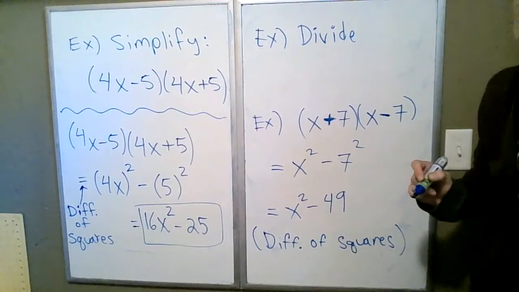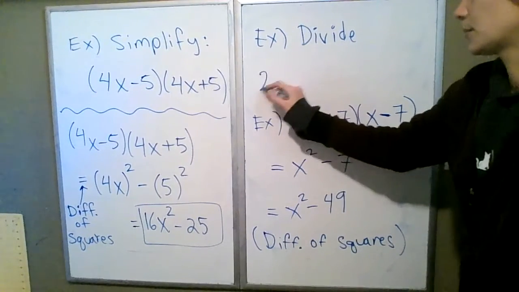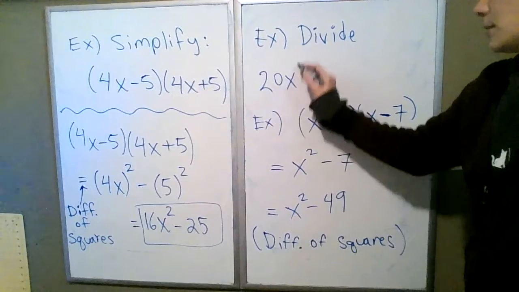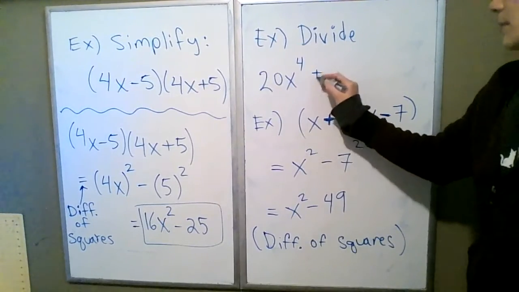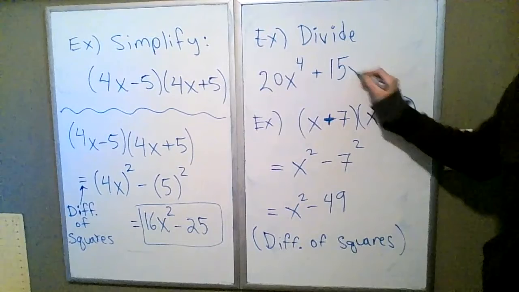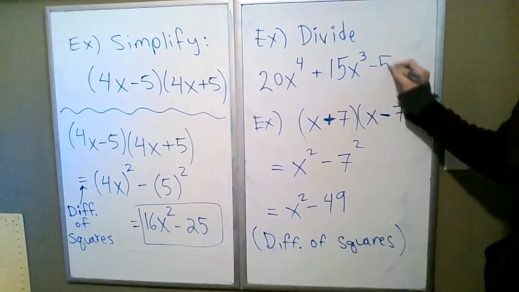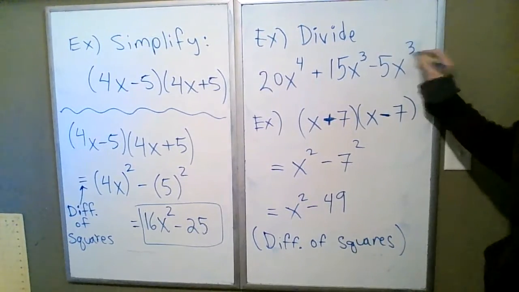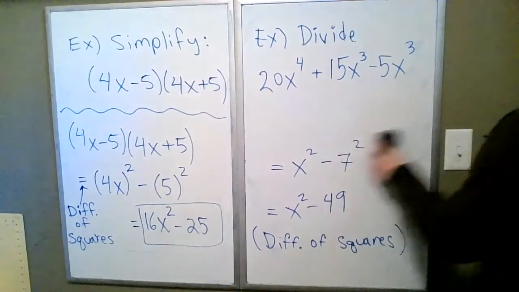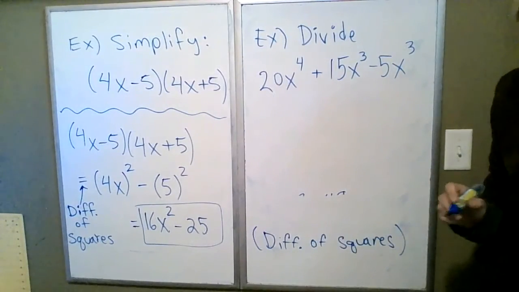20x to the 4th plus 15x cubed minus 5x squared, by 5x squared.